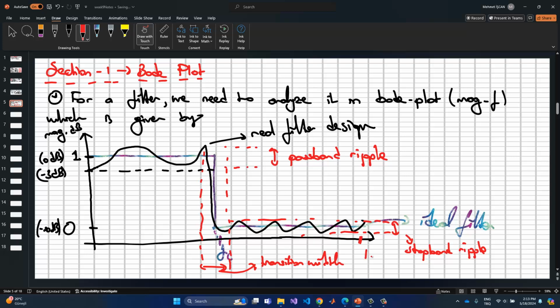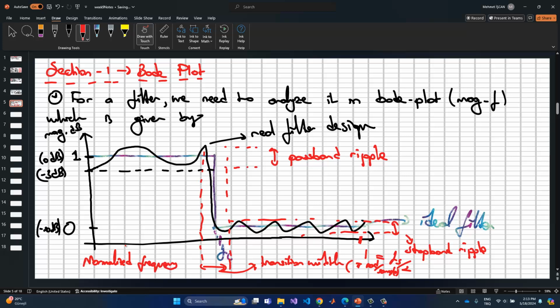Generally, in the literature, we have the normalization values of these terms in the frequency range. For example, this one is equal to Fs, the sampling rate, divided by 2, and in terms of pi radian divided by sample. This is the frequency range of these terms, okay? And so this is called the normalized frequency.